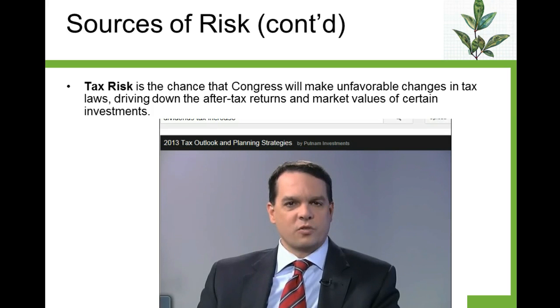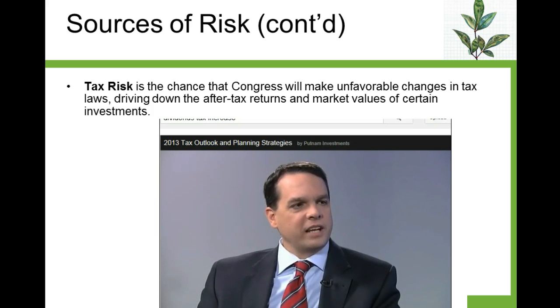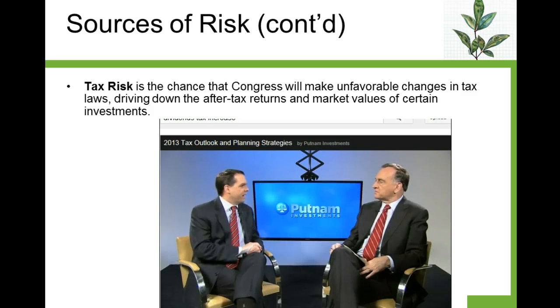The good news is that we have some clarity with the passage of recent tax legislation to address the fiscal cliff, specifically the American Taxpayer Relief Act of 2012. Today we'll examine the key provisions of the new tax law and highlight considerations for effective tax planning in 2013.